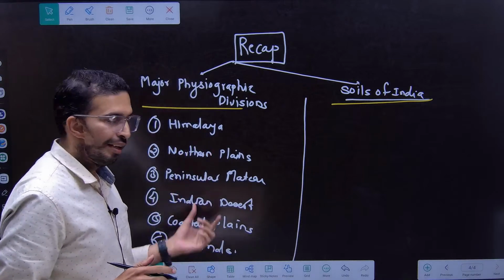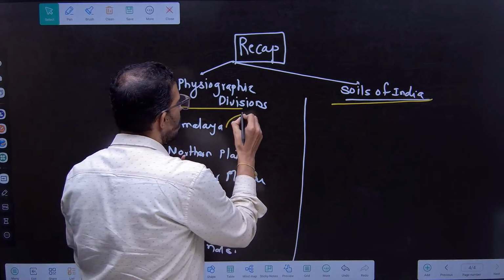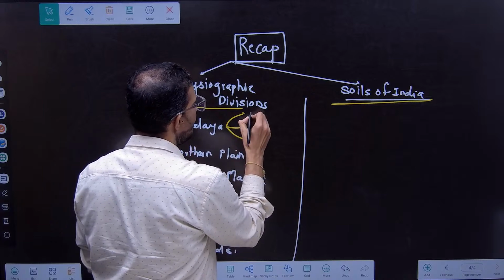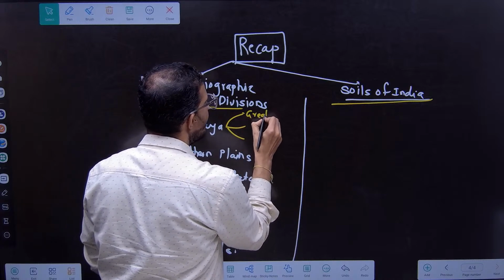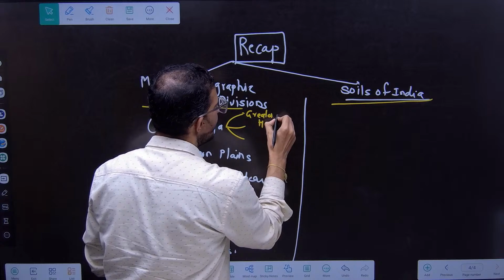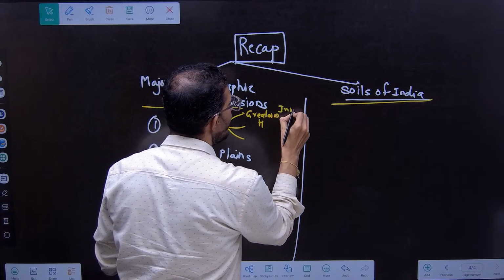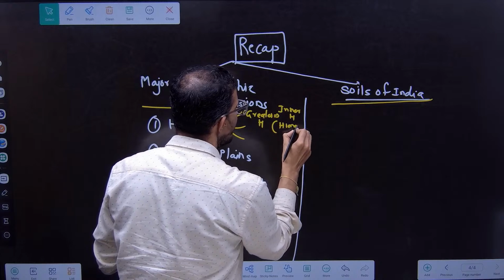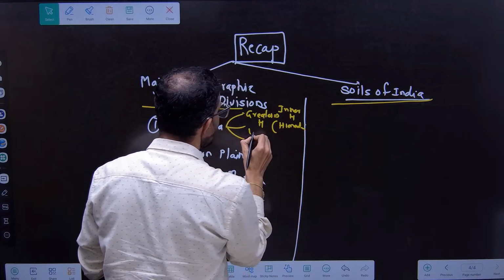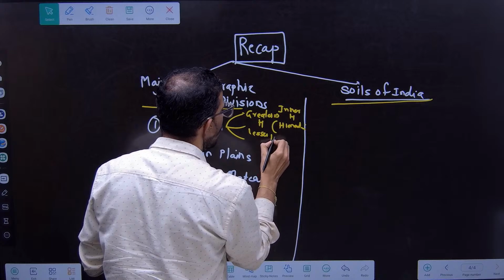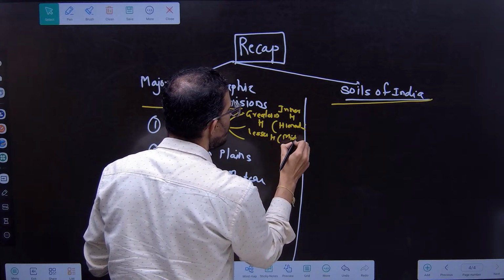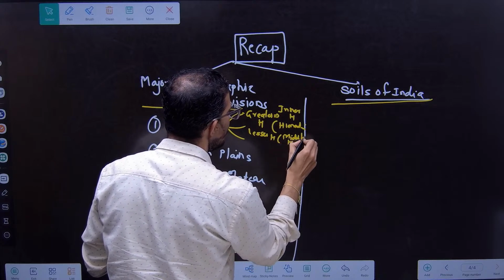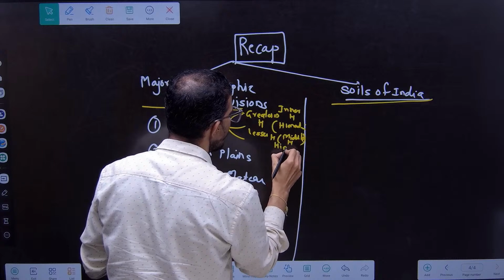Is it clear? In Himalaya, broadly, we have studied the three types of Himalaya. The Greater Himalaya, also called the Inner Himalaya or the Himadri. Then second type, the Lesser Himalaya or the Middle Himalaya or the Himachal.